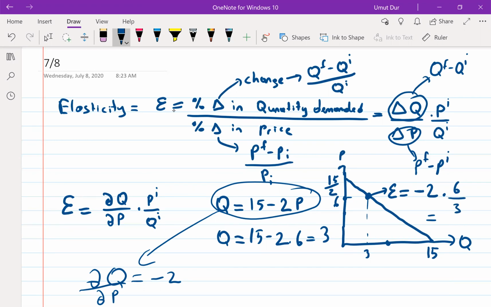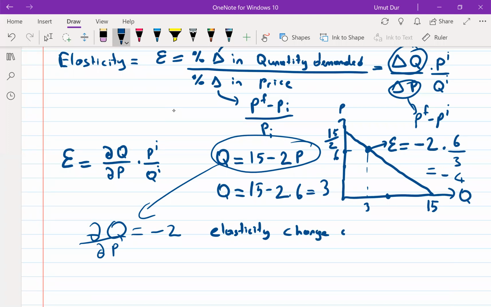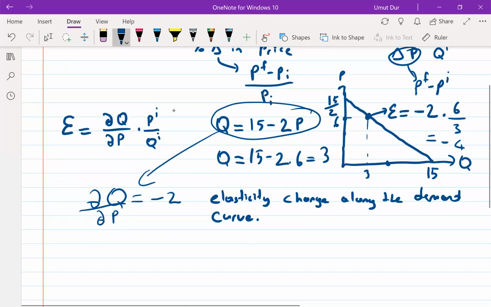So the elasticity at that point is minus 4. The elasticity is not the same everywhere on this line. Elasticity changes along the demand curve.